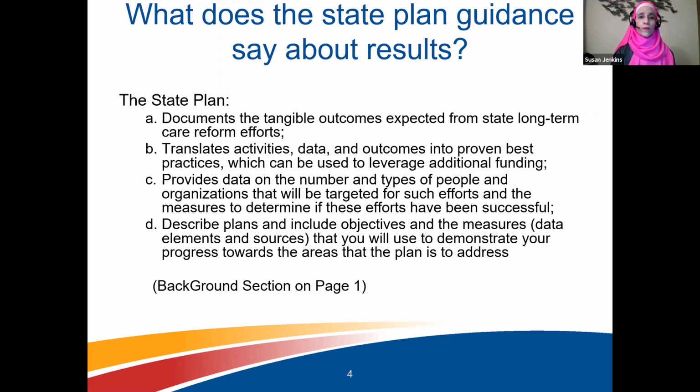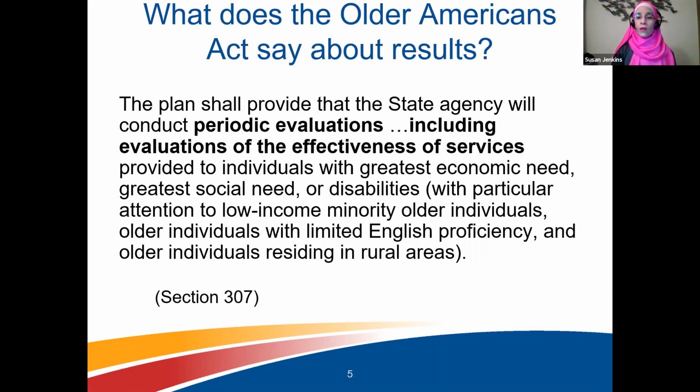Next slide. The Older Americans Act, and this text is also in the state plan guidance, also specifies that we must measure outcomes. And so the state plan shall provide that the state agency will conduct periodic evaluations, including evaluations of the effectiveness of services.